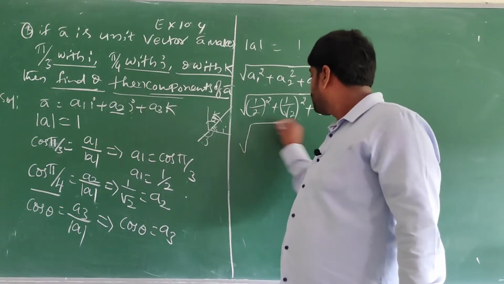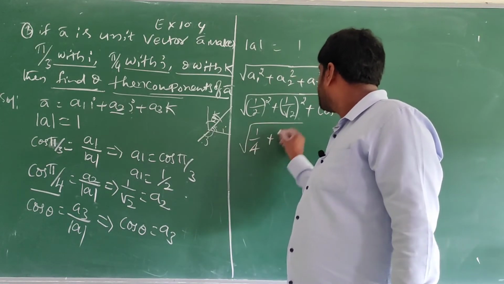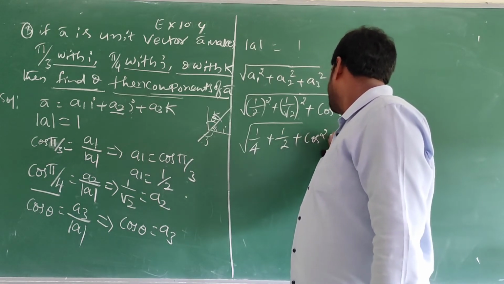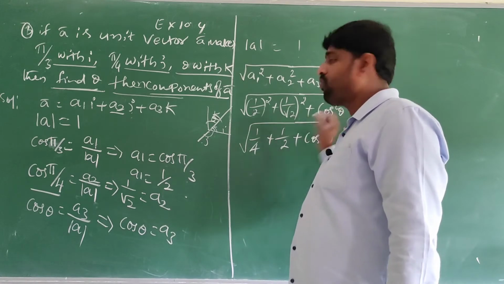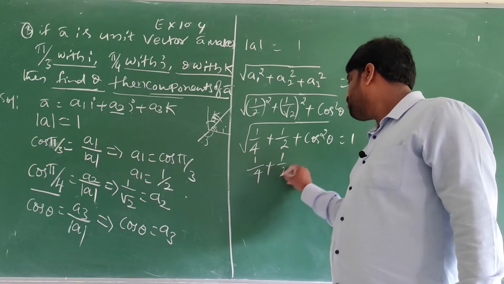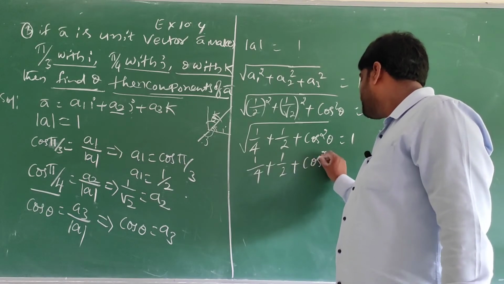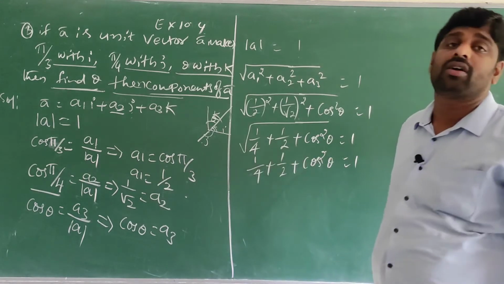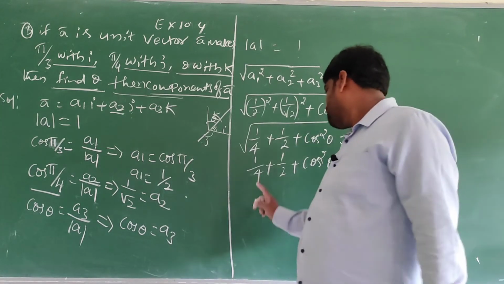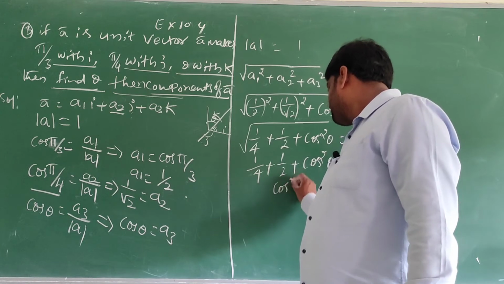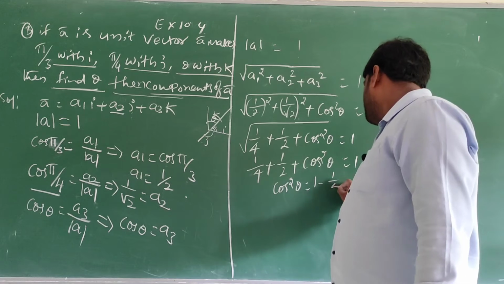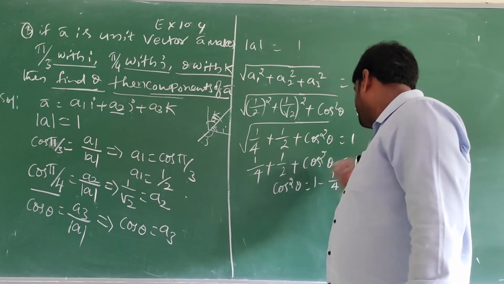So that is 1 by 4 plus 1 by 2 plus cos square theta equal to 1. When squaring on both sides, it eliminates the square root. That is cos square theta equal to 1 minus 1 by 4 minus 1 by 2.